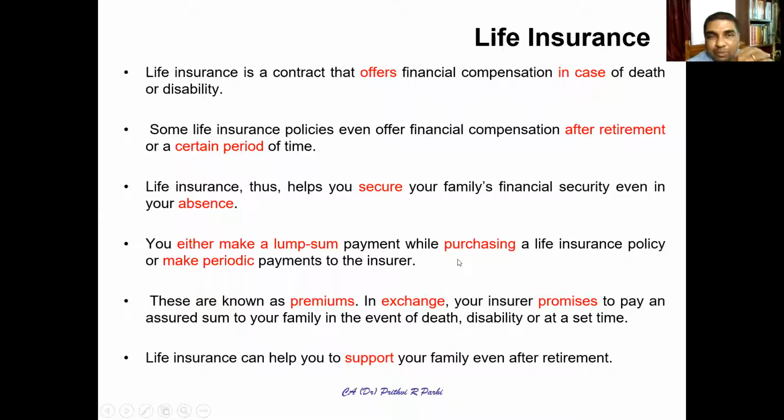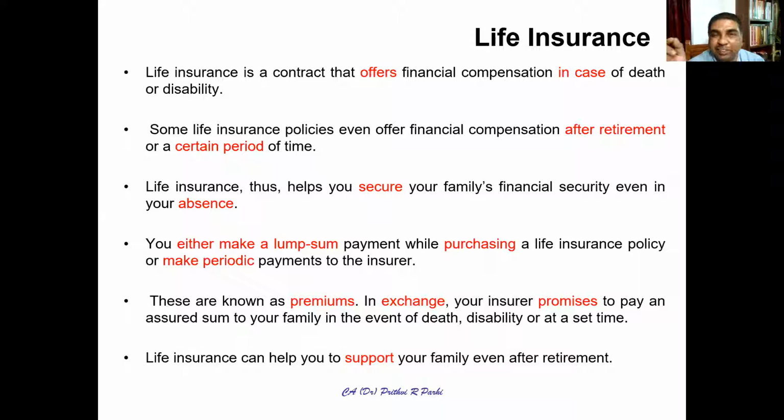First, coming to what these life insurance policies are. All insurance policies are contracts. So it is a contract between the insurer and the insured. Insurer here means the company providing the life insurance service, and insured means the person who has taken the policy.